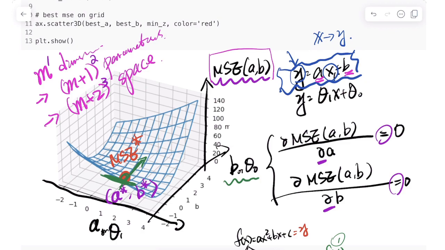But as we mentioned before, that is the correct way, the most precise way to figure out the A star, B star, or we say theta 0 star, theta 1 star, theta 2 star to theta m star, to find the smallest MSE star. But as we mentioned before, in our class, the number of dimensions we use would be a few hundred, or maybe 90 or 30, 20, a few hundred.